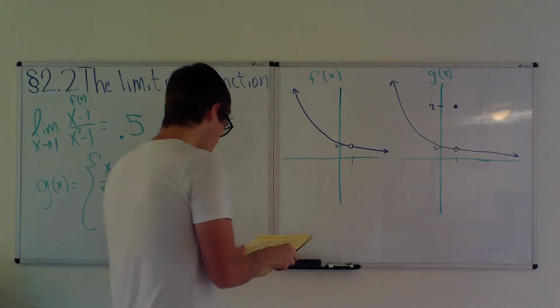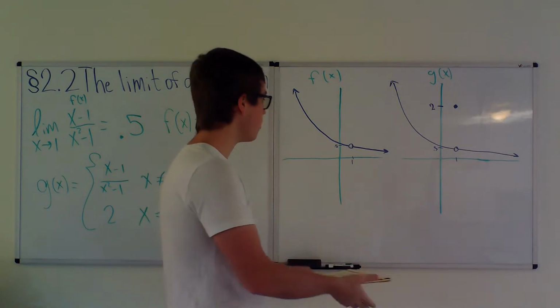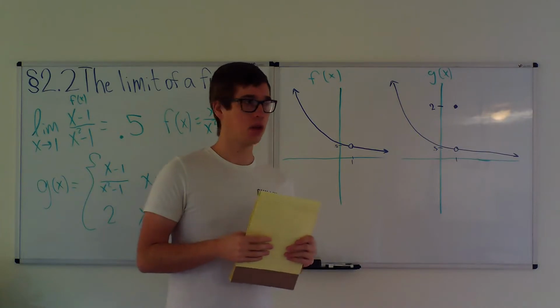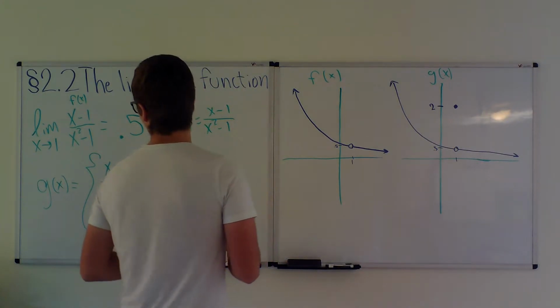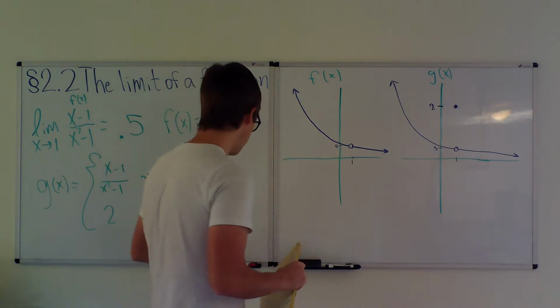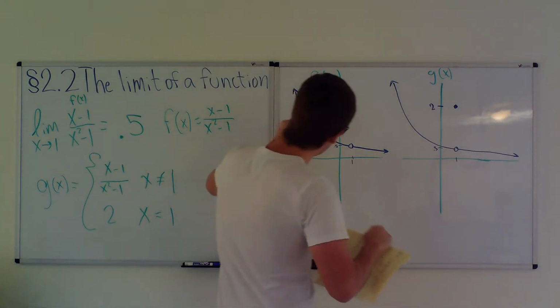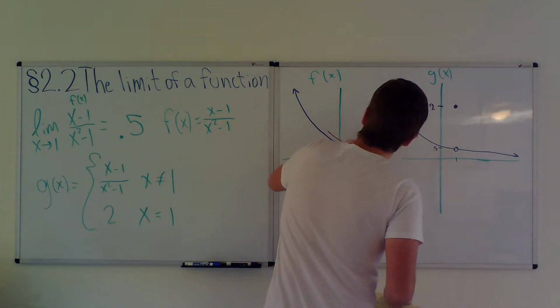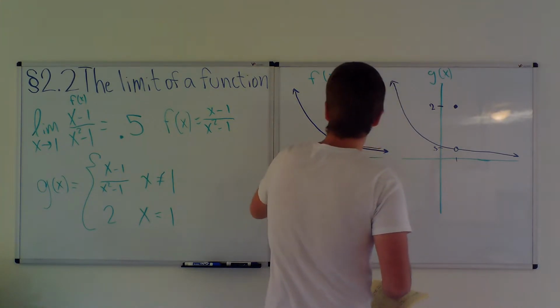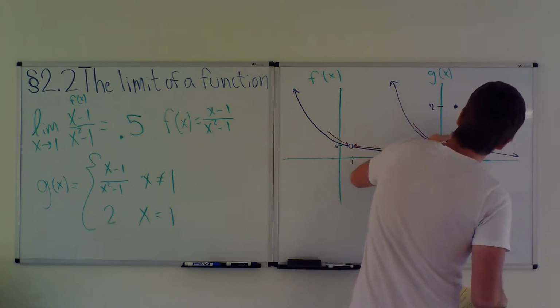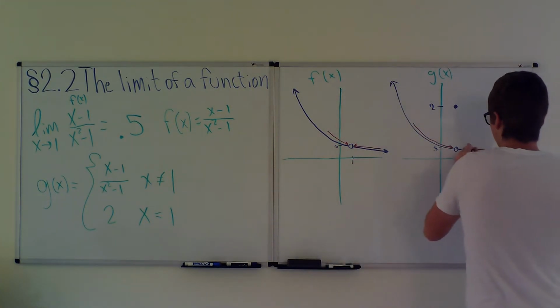Well, so what are the limits of both of these? Actually, they're the same exact thing, because it's not the limit when x equals 1, it's the limit as x approaches 1. And we can see here, the limit approaches 0.5 on the y-axis, and here, the limit approaches 0.5 on the y-axis.